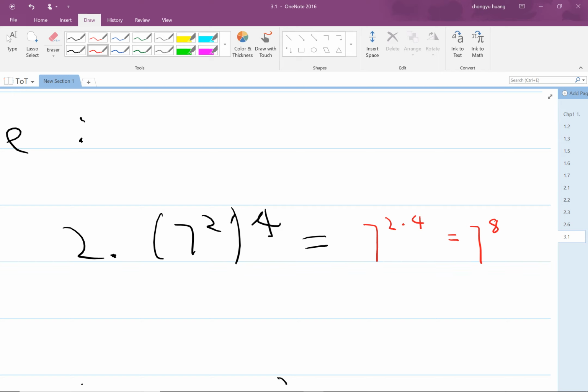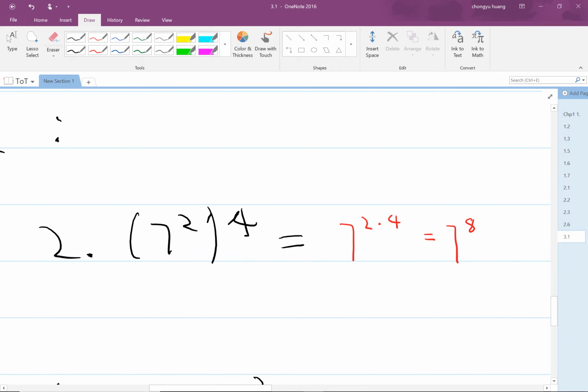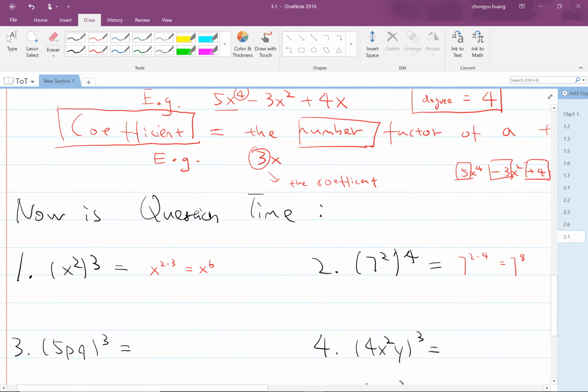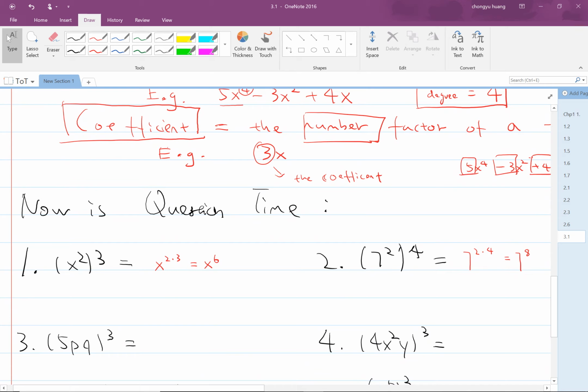If you use the calculator to calculate 7 to the power 8, it's quite a big number, so it's better to leave the answer as 7 to the power 8. So we're done with question 1 and question 2.